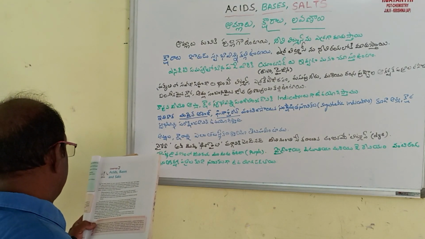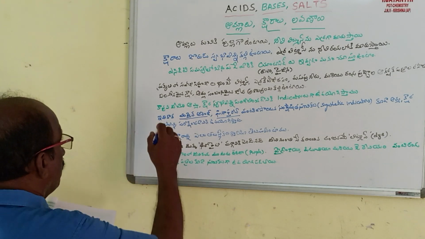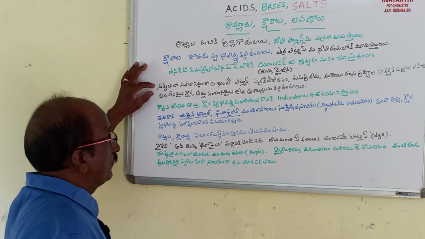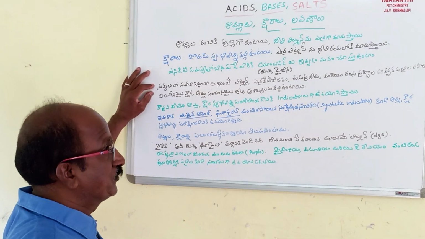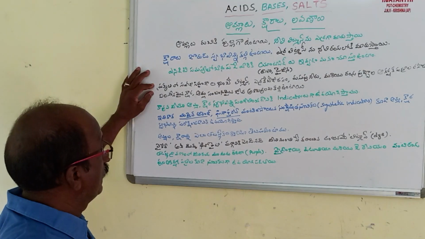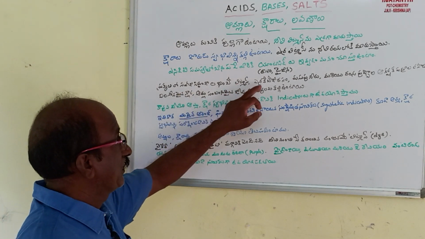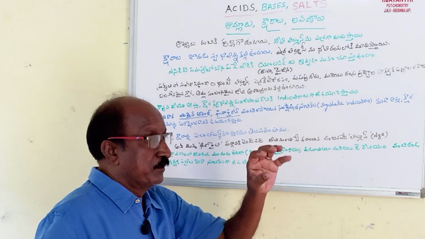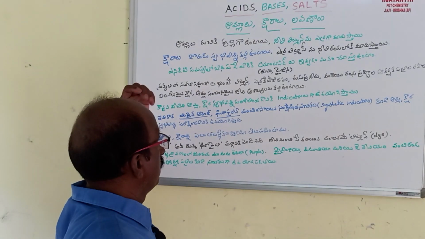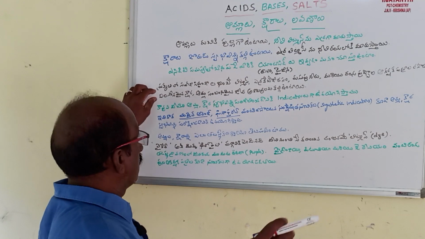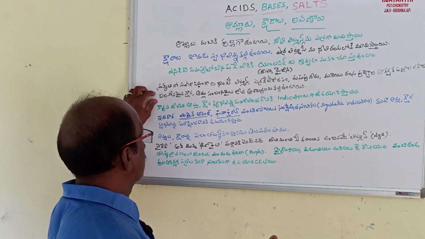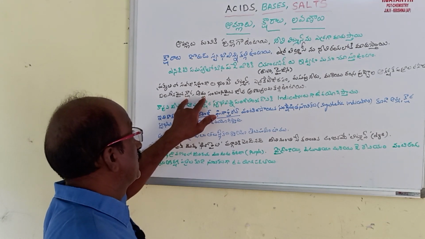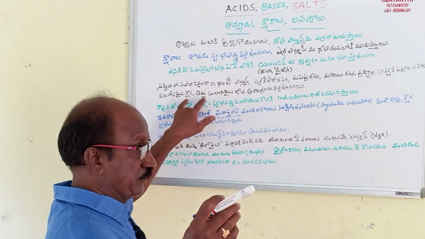So here, these indicators are generally available in nature. It is just like litmus, red cabbage, turmeric water, and colorful plants and flowers.